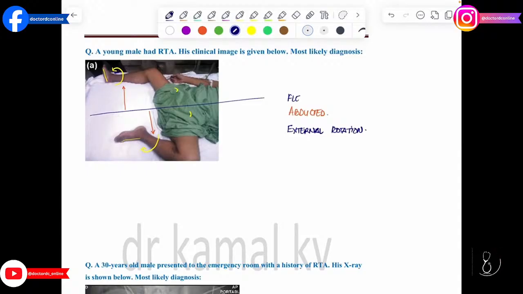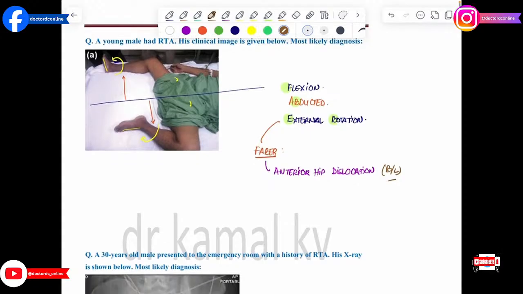So the deformity on both sides is flexion, abduction, and external rotation, which is suggestive of anterior hip dislocation. So this is anterior hip dislocation, obviously bilateral in the given case.